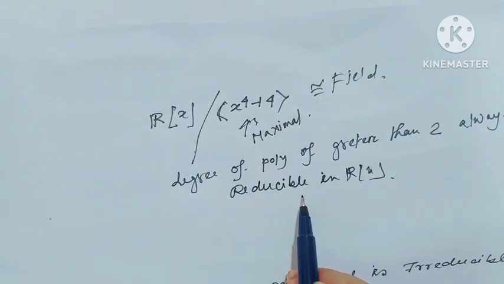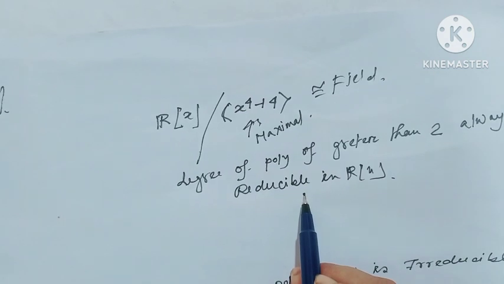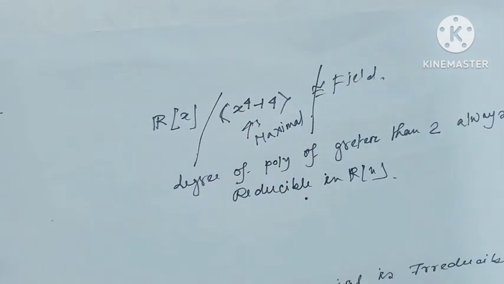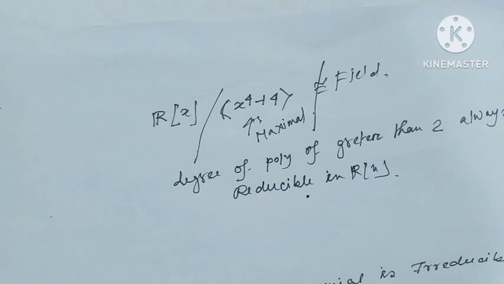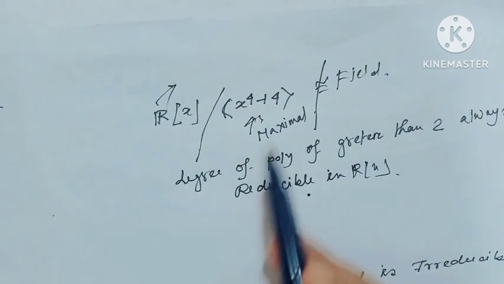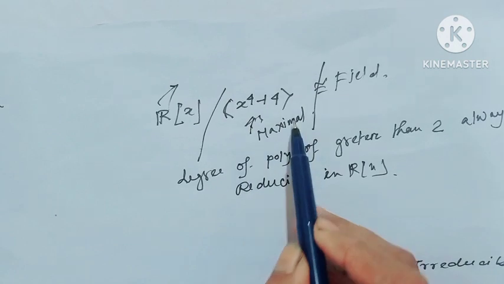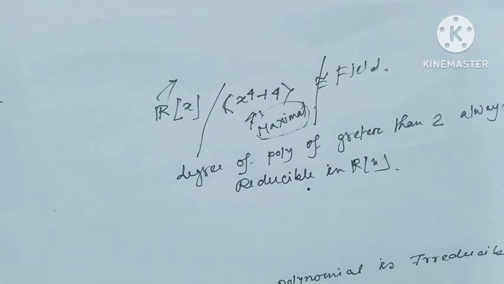Since this is a reducible polynomial, this cannot be isomorphic to a field, and so this cannot be a maximal ideal.